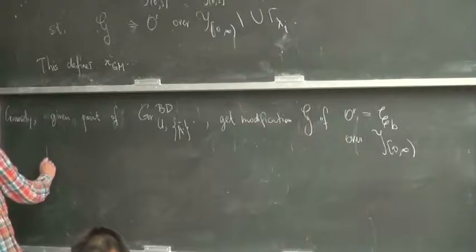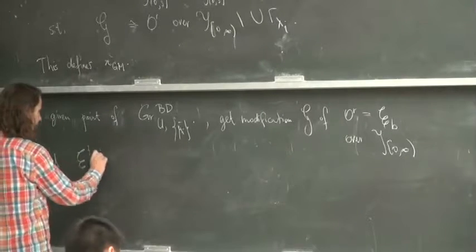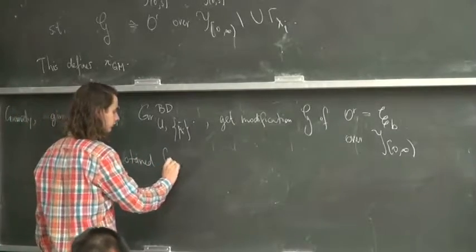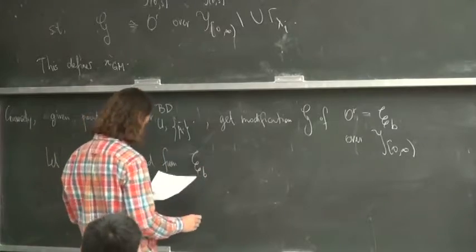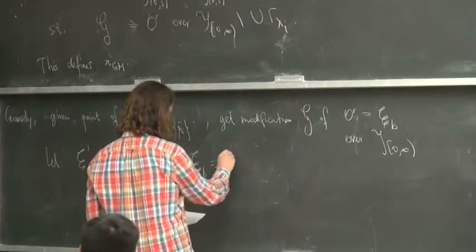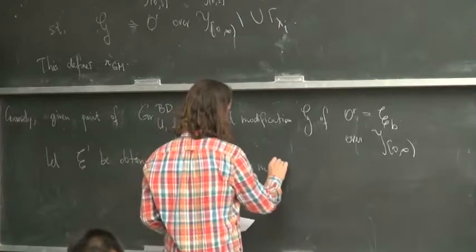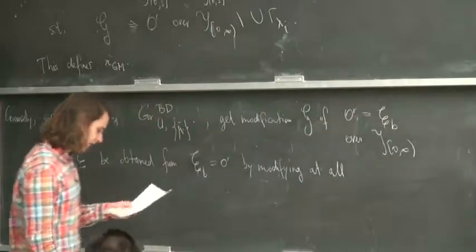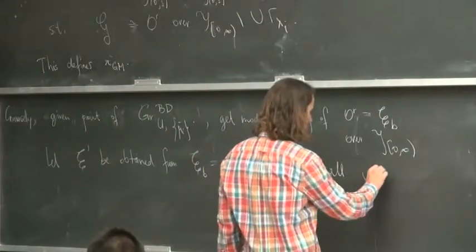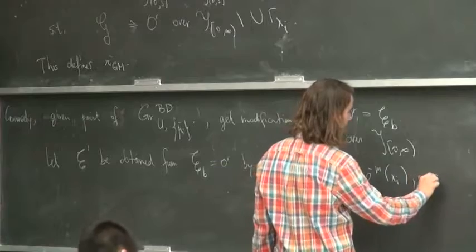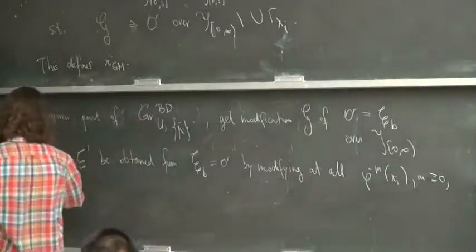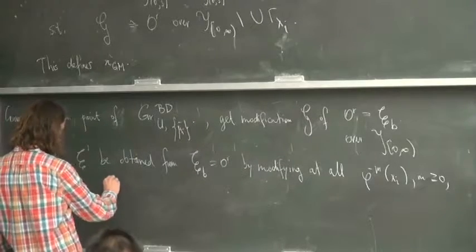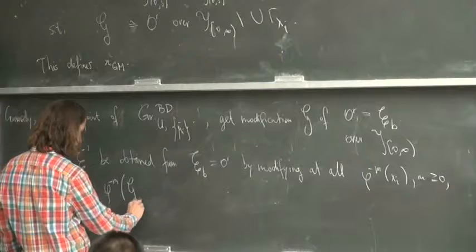And so let E prime be obtained from E_B by modifying at all of the translates phi to the minus m of x_i, m greater or equal to 0, using the phi to the minus m of g at x_i.